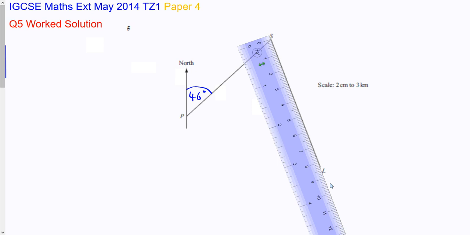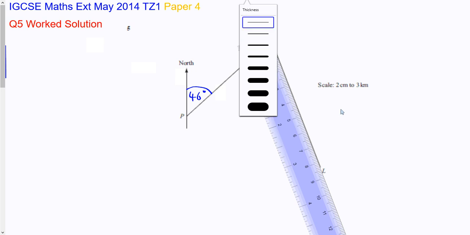If I read my ruler here, I've got about 8.3, 8.4. We've got some room to move here.